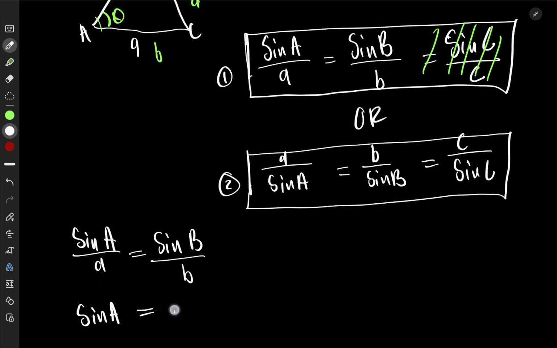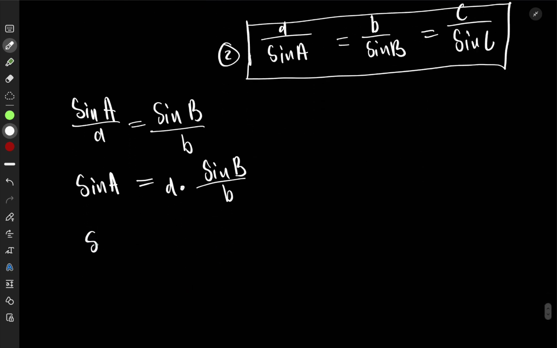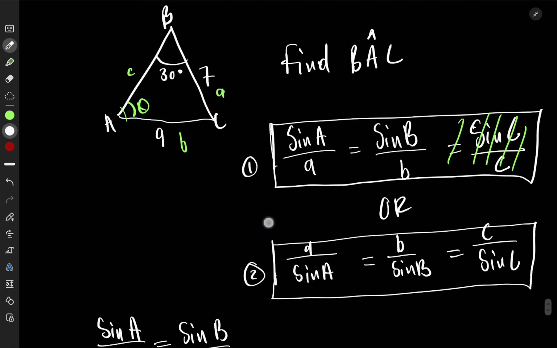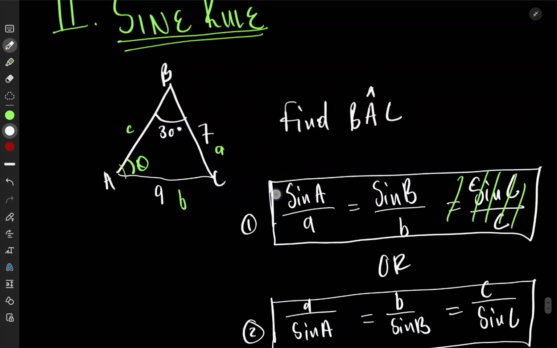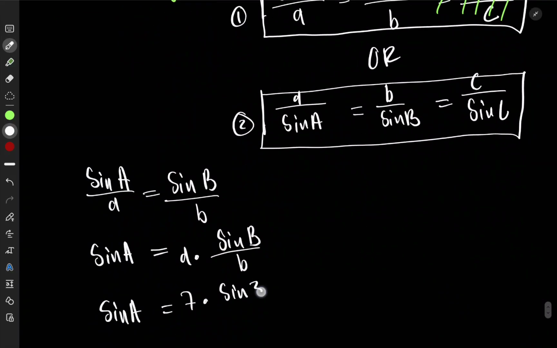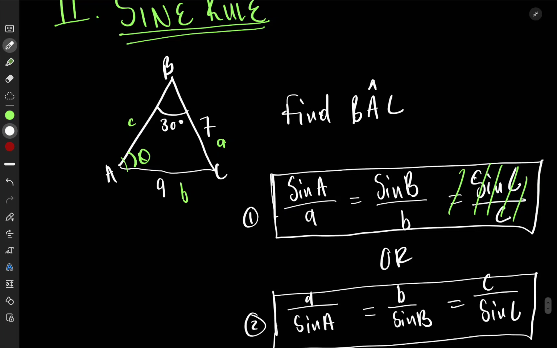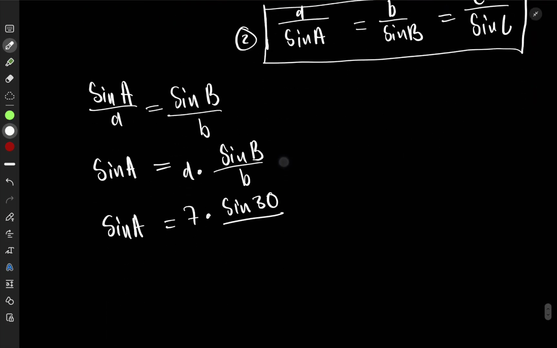So this small a is going to be a times sine B over small b. It will multiply now because it was dividing on the left. So sine A is equal to 7 multiplying sine of 30 degrees, all over 9.